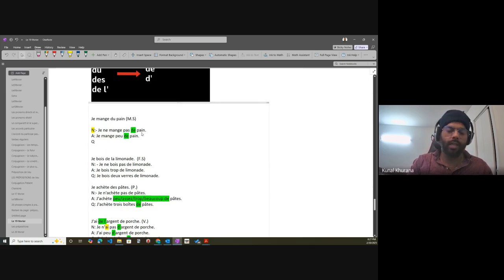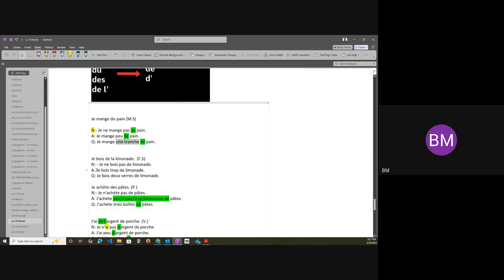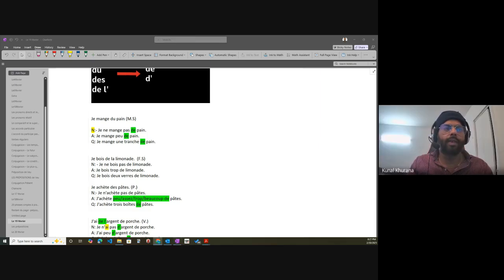And the third scenario is quantity. So if I say je mange une tranche de pain, I will write de and not du because I have added one piece of bread. So these are the three cases when the partitifs change.